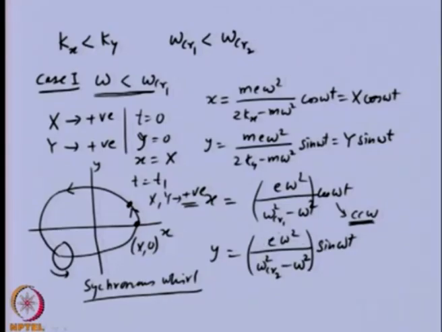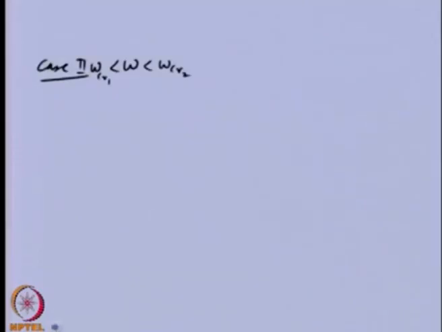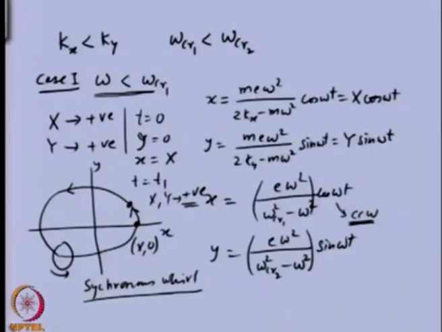So, in this particular case, x is negative and y is positive. And again, if we see at time t equal to 0, y is 0, and x is negative.